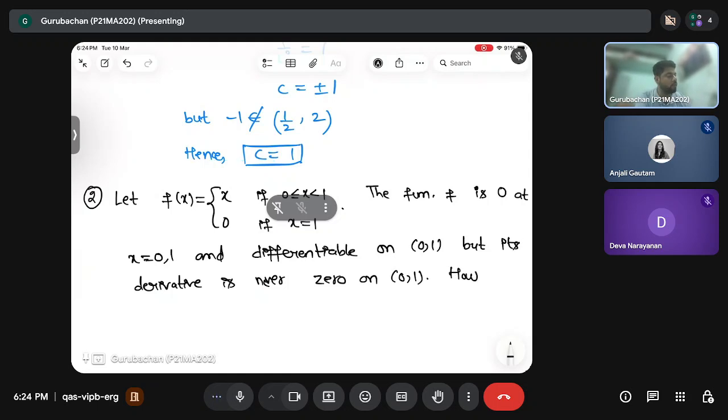How can this be? Isn't it contradicting Rolle's theorem?